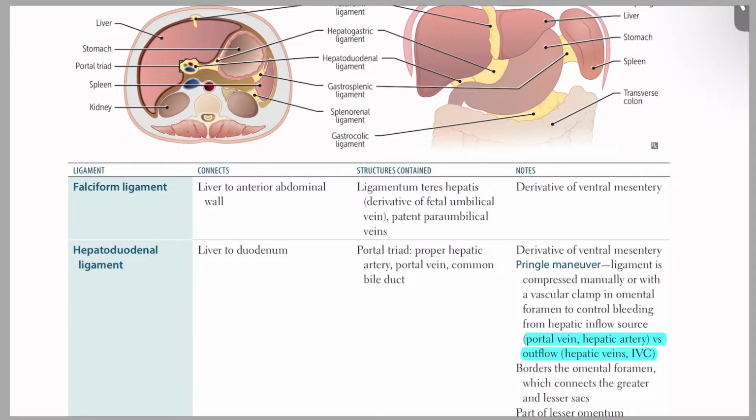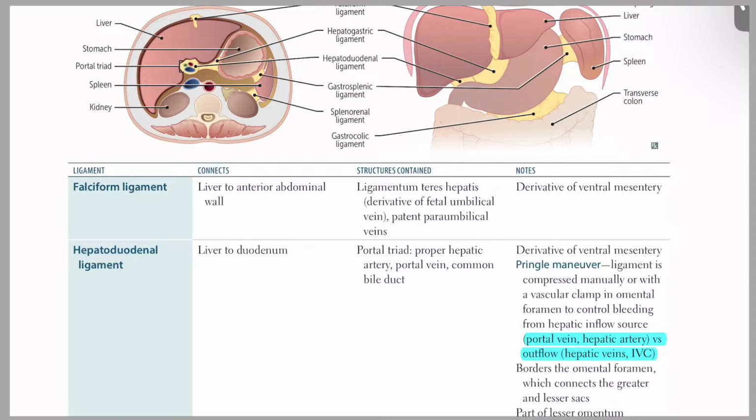It borders the omental foramen, which connects the greater and lesser sac. Parts of lesser omentum. Hepatoduodenal ligament, liver to duodenum. Portal triad: proper hepatic artery, portal vein, common bile duct.